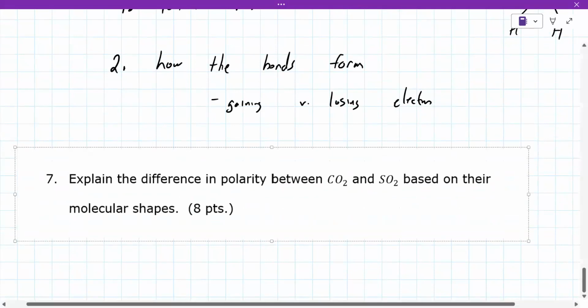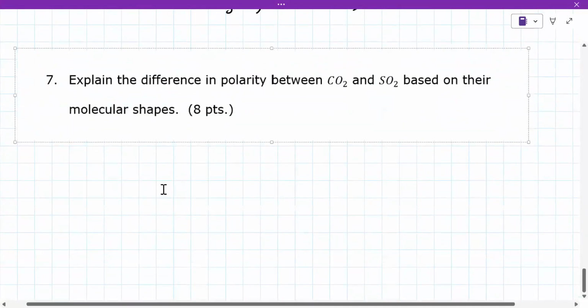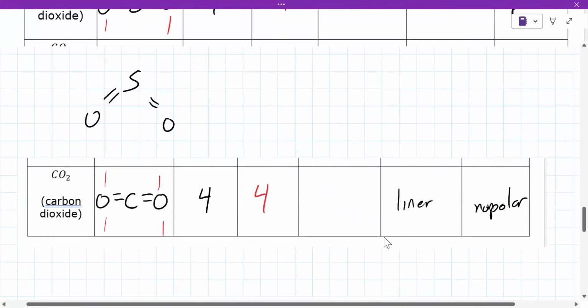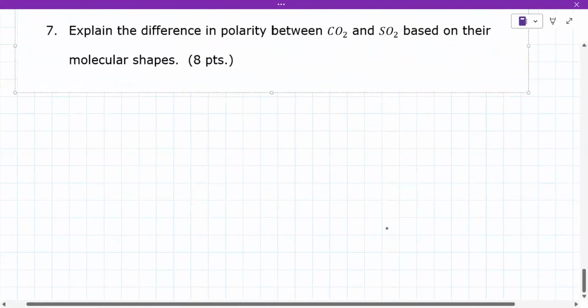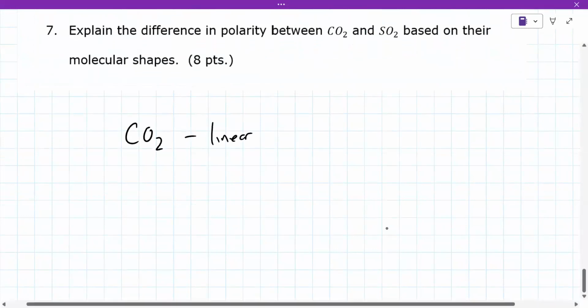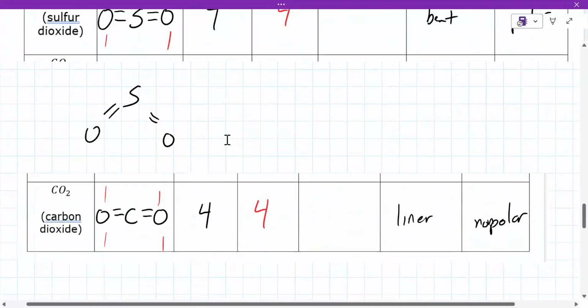Explain the difference in polarity between CO2 and SO2 based on their molecular shapes. We have to go back and look at the molecular shape. CO2 is linear, that means it's in a straight line, and it's non-polar.